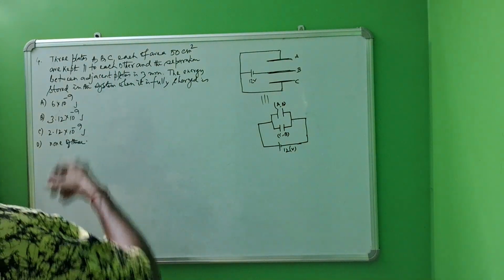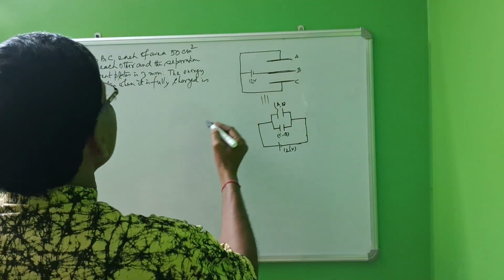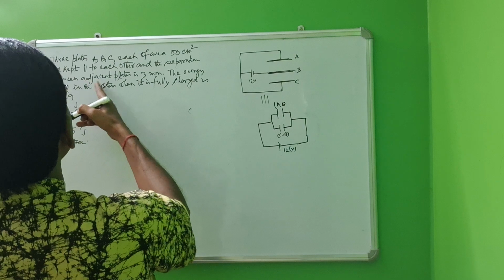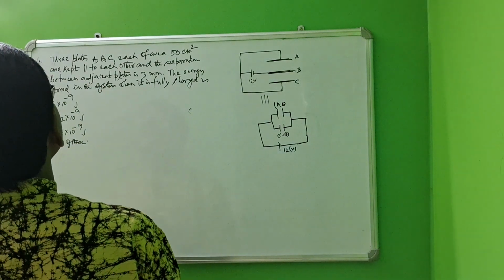Here the area is 50 centimeters A. So C, this is in the CGS unit.